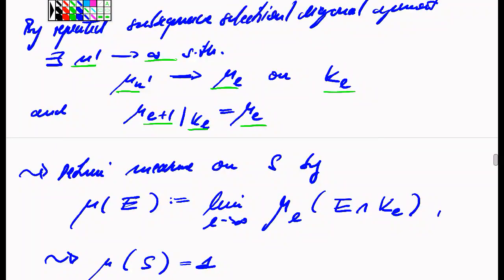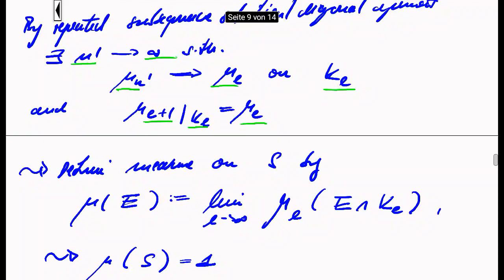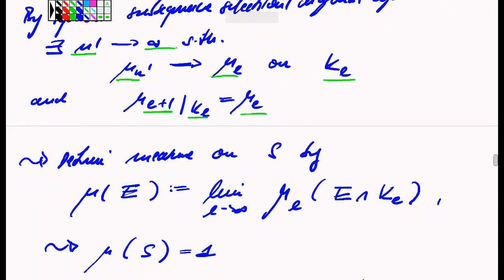So we have a consistent hierarchy of measures, and hence we define for every measurable set E, or Borel set E, on the state space S, mu of E to be the limit, when L tends to infinity, of mu L of E intersected with KL.